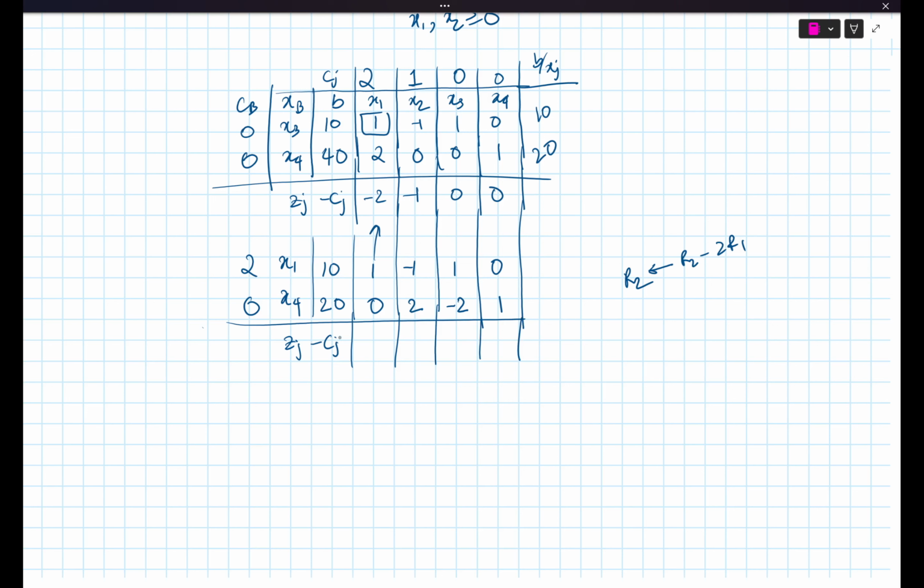What do I get? 2 minus 2 is 0, minus 2, minus 1 and minus 3, 2, and this is 0.